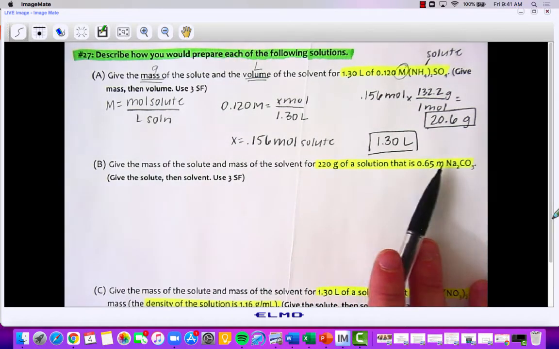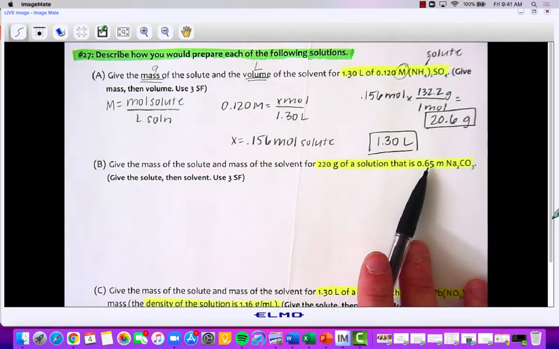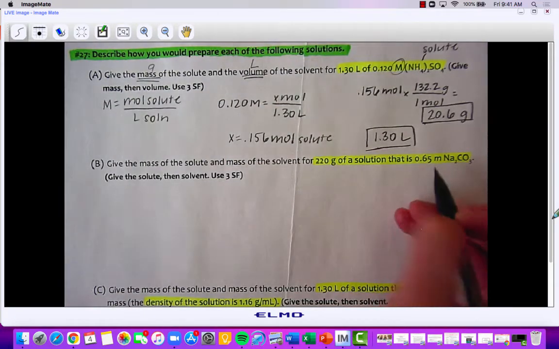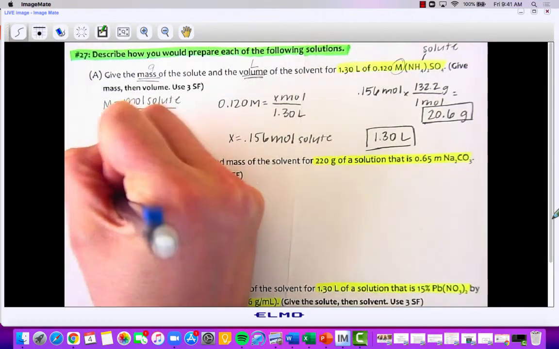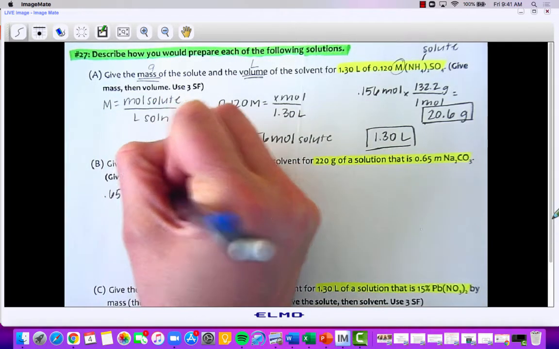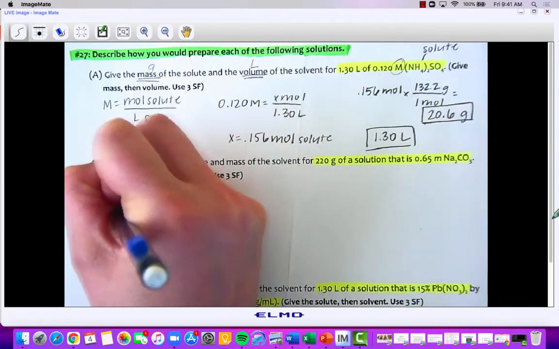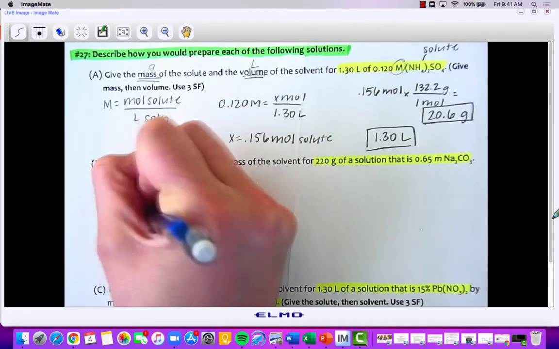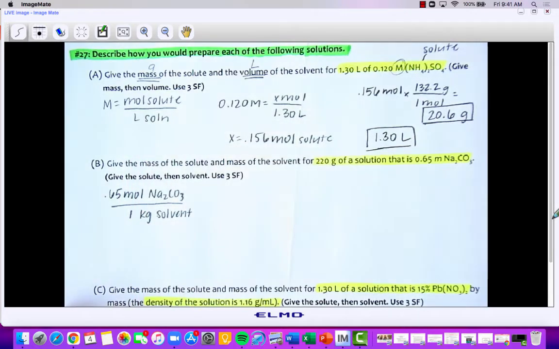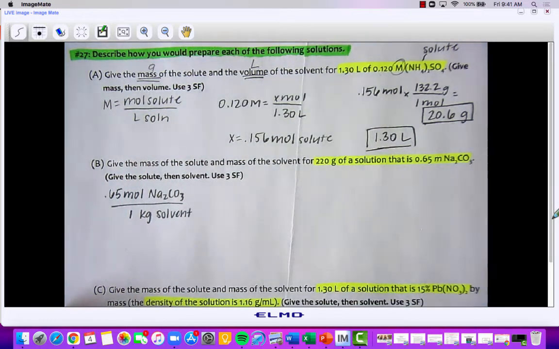So we're going to start with the molality, and we're going to actually write out what this molality would mean. So if we have a 0.65 molal solution, that means that we have 0.65 moles of solute, which is Na2CO3, in 1 kilogram of solvent.